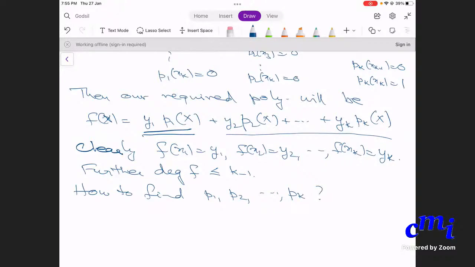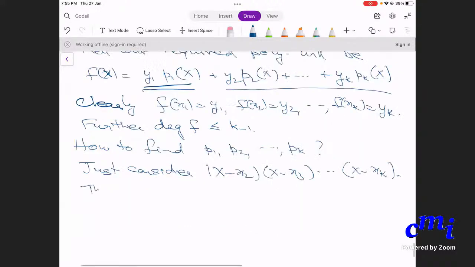So just consider x minus x2, x minus x3, up to x minus xk. Let's consider this polynomial. This clearly vanishes, so this is 0 at x2, at x3, up to at xk.